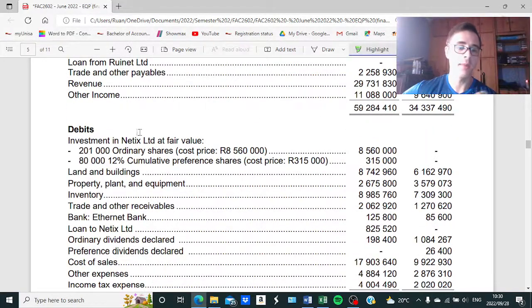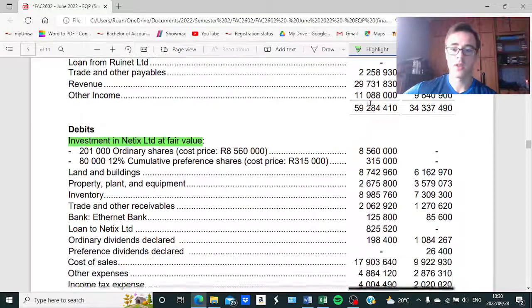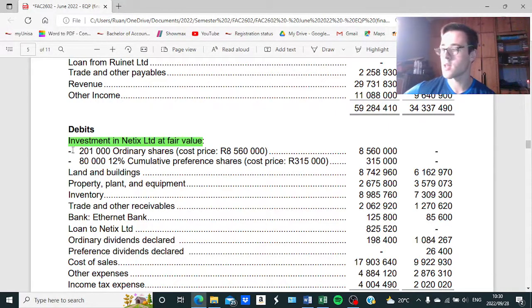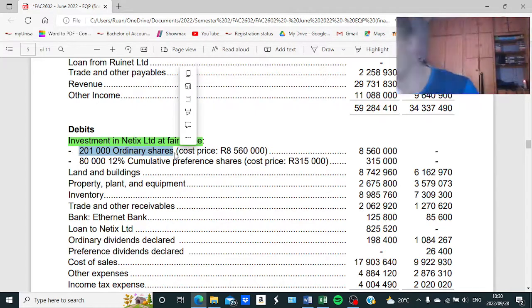So if we go to debits, we will see the investment in Natex Limited at fair value. So we want to work out the percentage interest of the parent in ordinary share capital. So the parent possesses or owns 201,000 ordinary shares in Natex Limited.